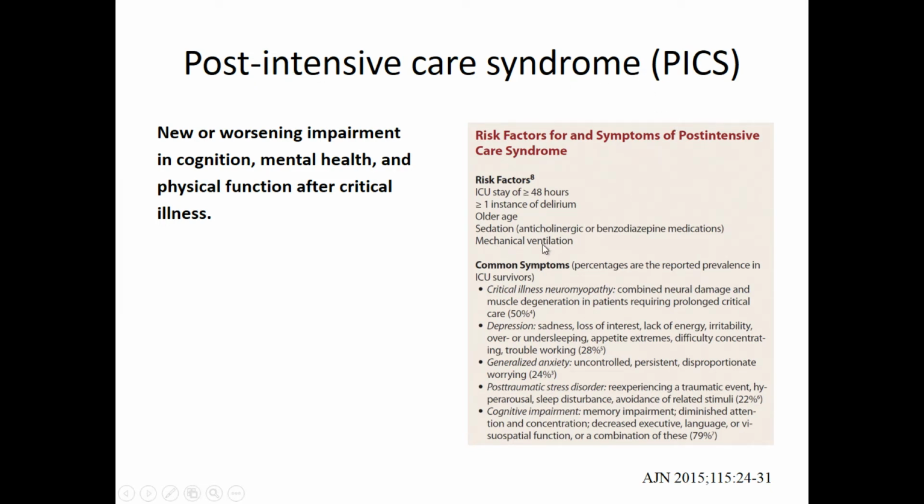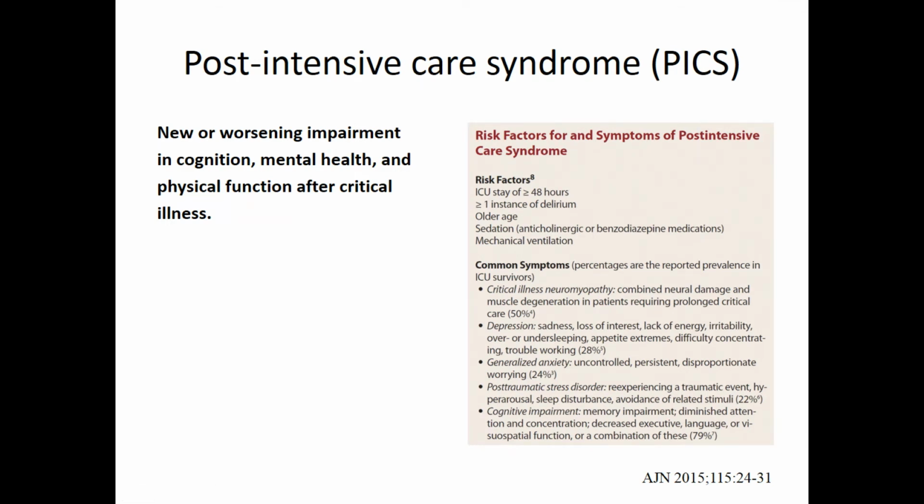And mechanical ventilation, similarly, longer length of stay on mechanical ventilation, also very high likelihood of delirium and this post-intensive care syndrome. And the common symptoms of this syndrome are critical illness neuromyopathy, depression, general anxiety, post-traumatic stress, and cognitive impairment.